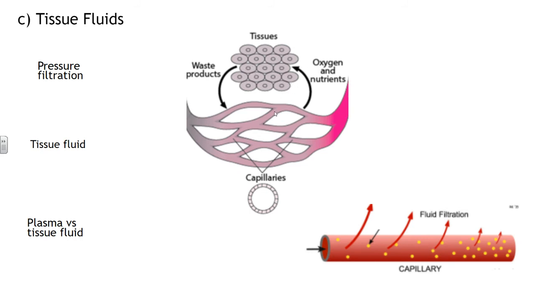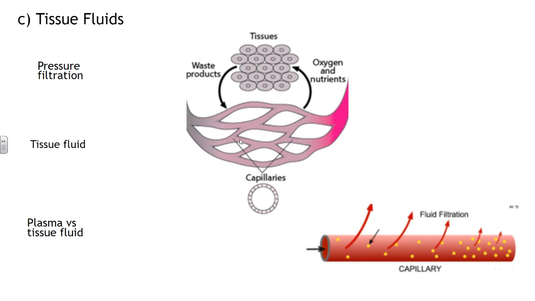Because the capillaries are permeable to water and dissolved nutrients, these can move out, so the tissue fluid and the blood plasma will both contain liquid, nutrients and waste products. The larger proteins, such as enzymes, hormones, and red blood cells, are unable to get through the walls of the capillary. So the blood plasma will have a higher concentration of plasma proteins because these are too large to be filtered through the capillary walls.